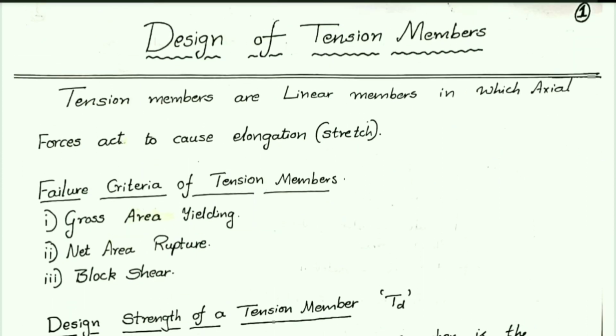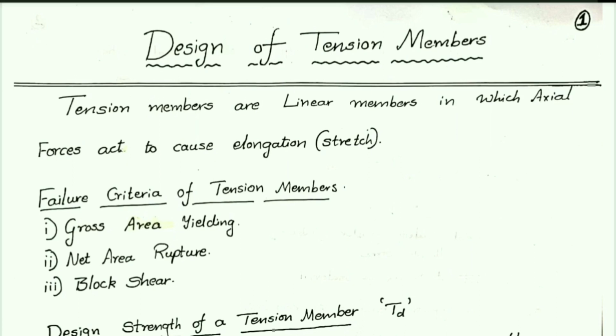In a flexural member, the external fibers yield first, and yielding moves towards the center, but here the member yields together. Whether in the outer fiber or the central fiber, the stress will be the same.